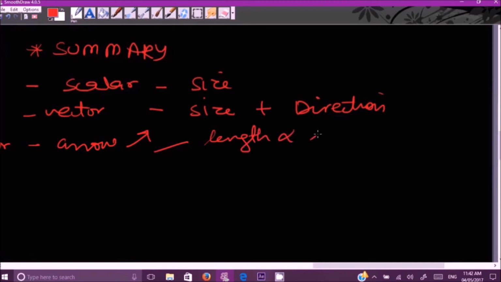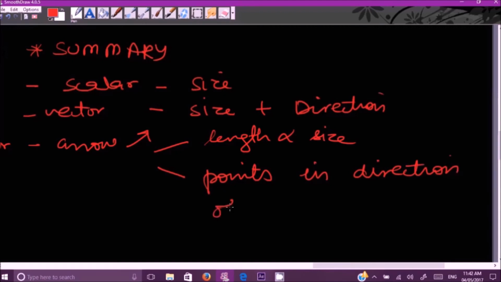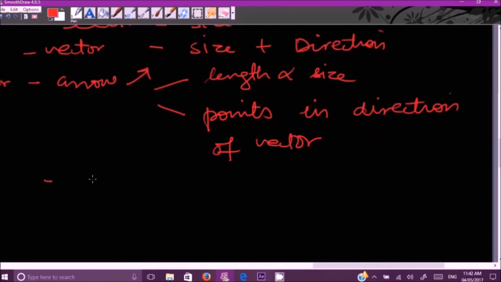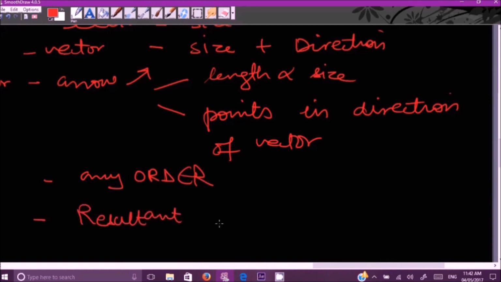Length is proportional to the size of the vector, and the arrow points in the direction of the vector. You can add vectors in any order. And there is one more term, which is the resultant vector, which is your answer vector. Whatever you get when you add vectors is your resultant vector.